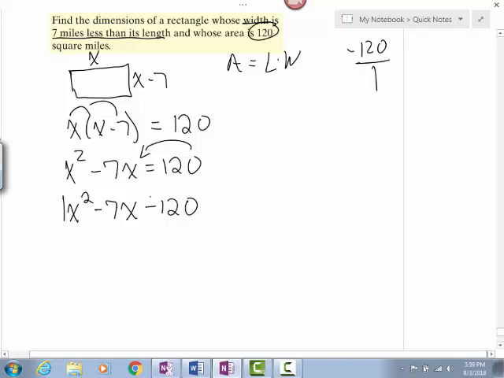So I now need to start looking for pairs of numbers, okay? So let's think. Well, we can use 10 and 12. I don't think that'll necessarily work. What about 20 and 6? Nope, that's not going to work either. Let's see. 12 I can think of as 3 and 4. 10 I can think of as, say, 2 and 5.